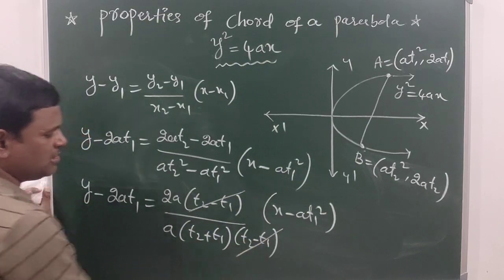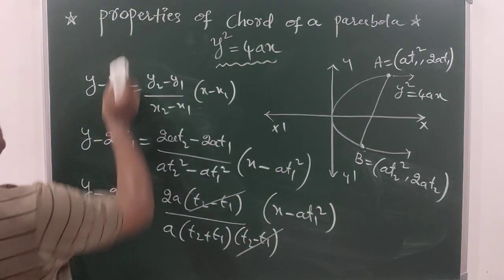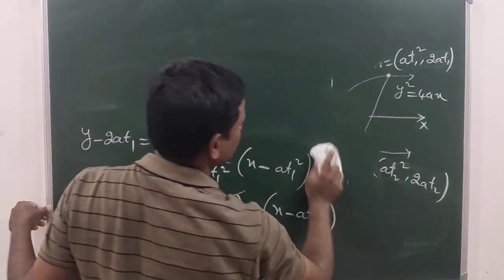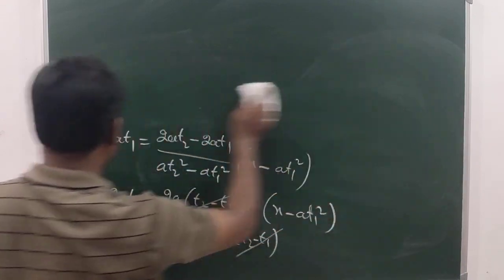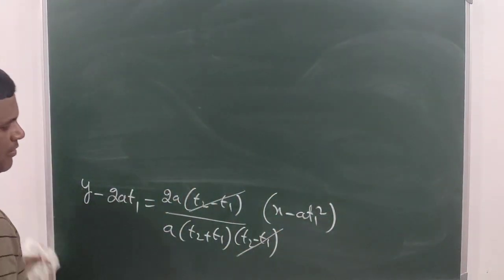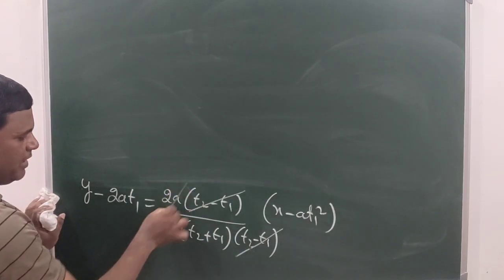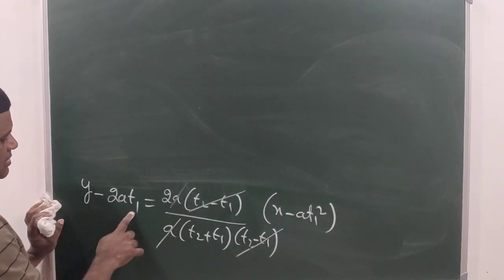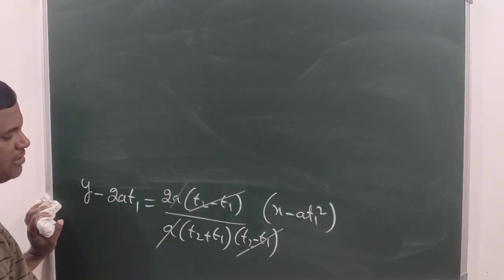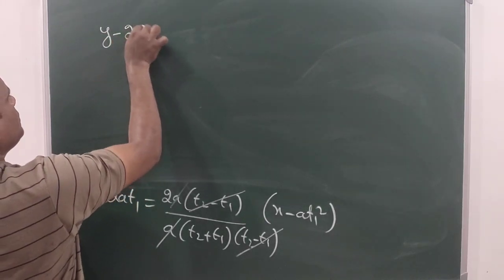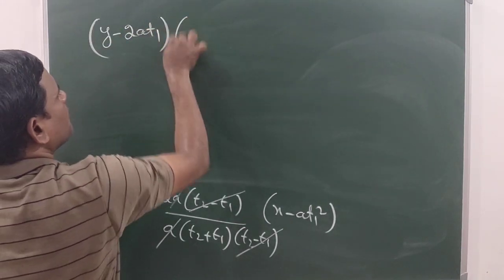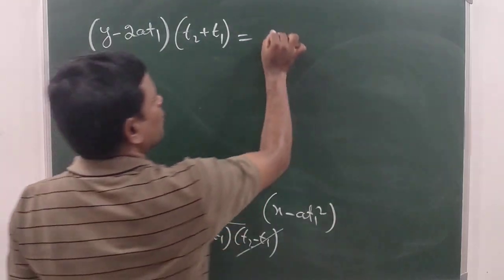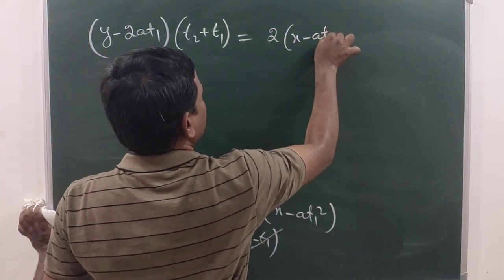So these two can be cancelled, and a also you can cancel. In the next step, multiply the left side one with this t2 plus t1: (y minus 2at1) into (t2 plus t1) is equal to 2 of (x minus at1 square).